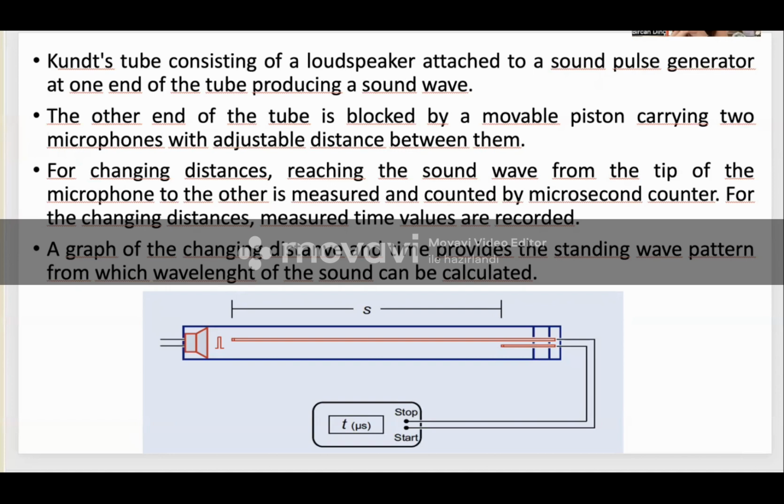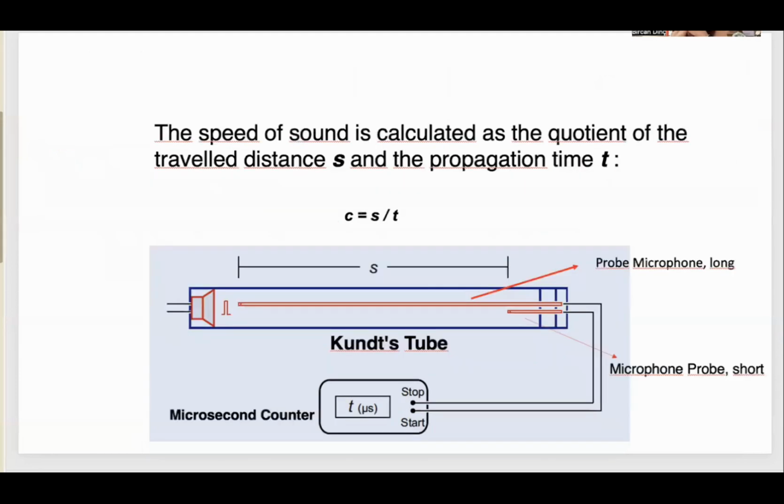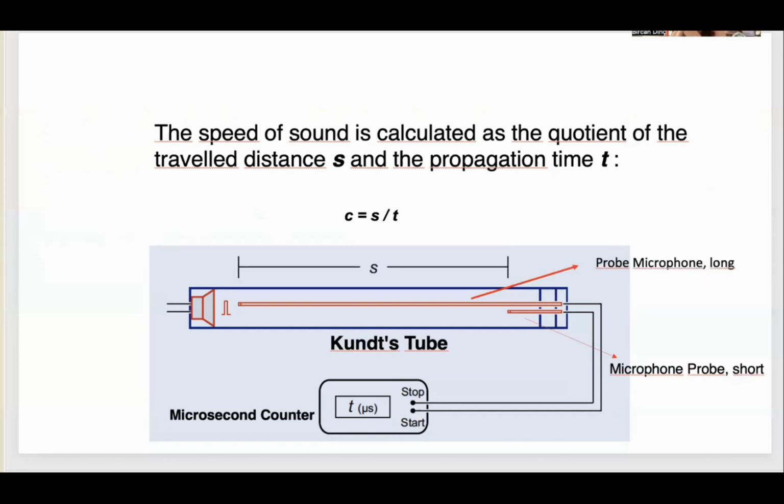So we will obtain a graph of the change in distance and time, which provides the standard wave pattern from which the wavelength of the sound can be calculated. So the speed of sound is calculated as the gradient of the traveling distance S and the propagation time T, according to the change in distances between the probes and measured time values.